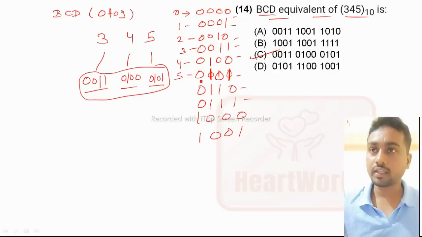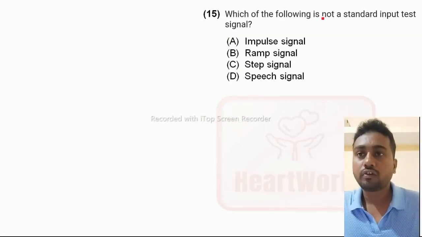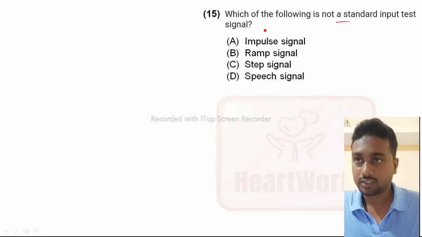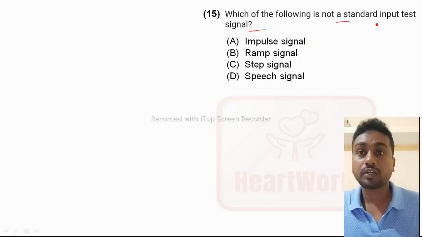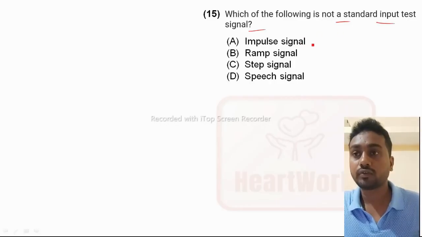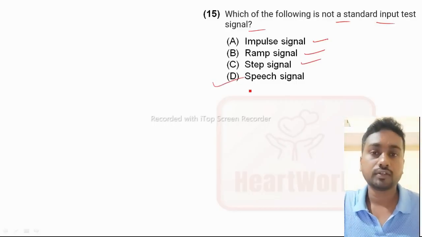Next, which of the following is not a standard input test signal? For testing, standard input test signals are impulse signal, ramp signal and step signal, not speech signal. So speech signal is the right answer.